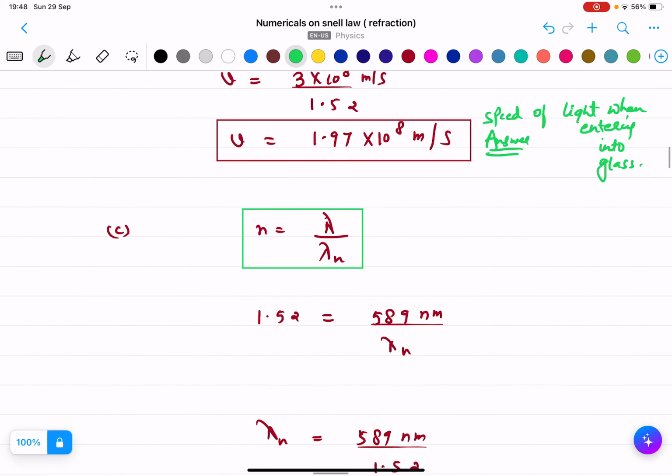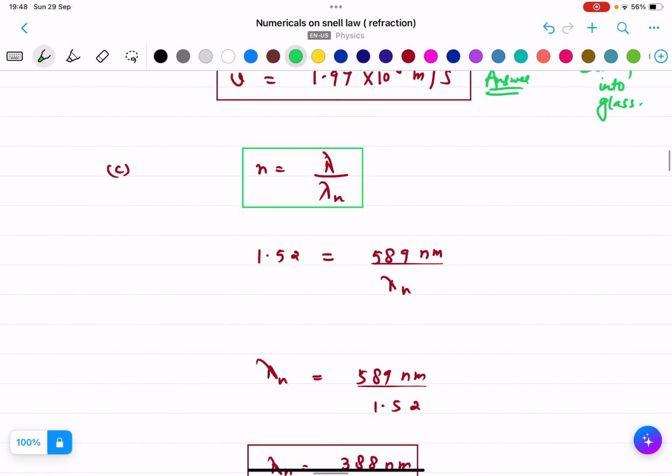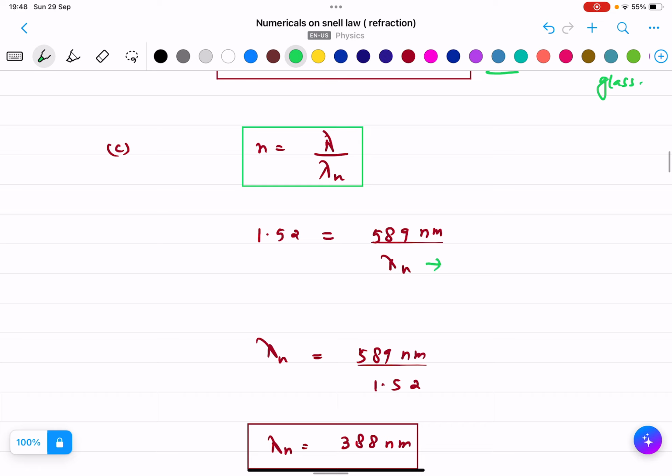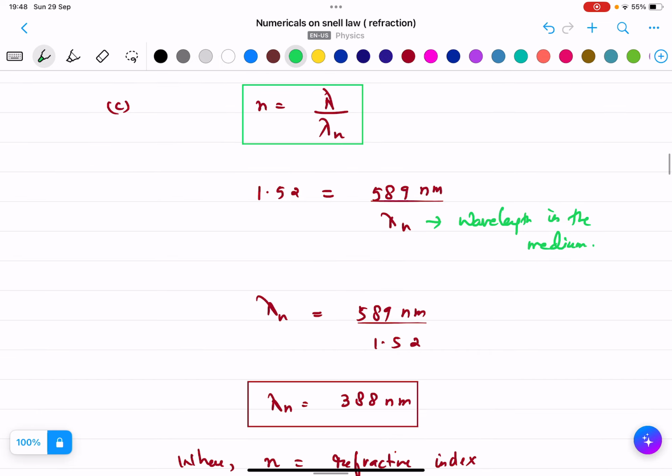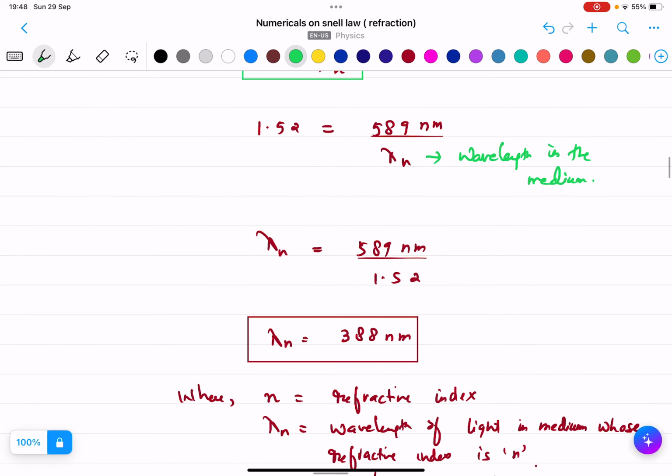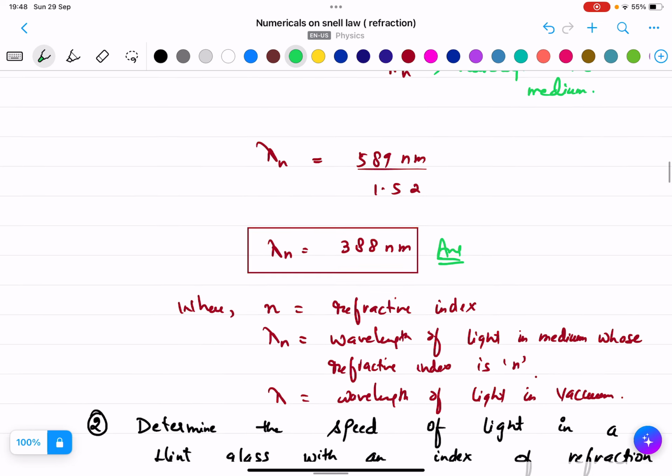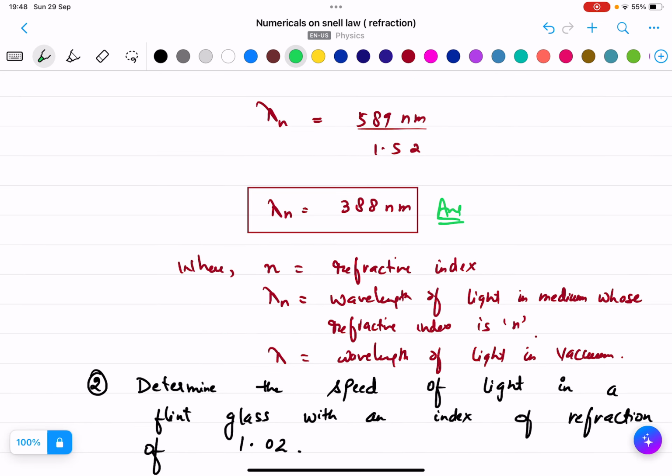And lambda n, the wavelength in the medium, we need to find out. So lambda n equals 388 nanometer. This is the answer. Where n equals refractive index, lambda n equals wavelength of light in the medium whose refractive index is n, and lambda equals wavelength of light in vacuum.